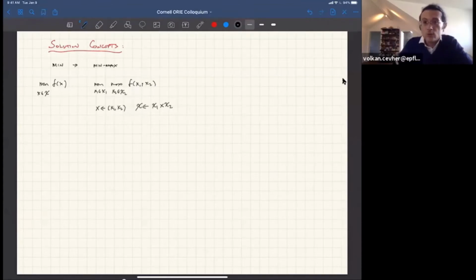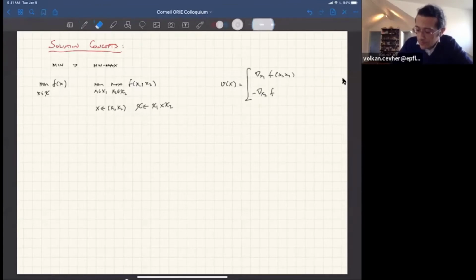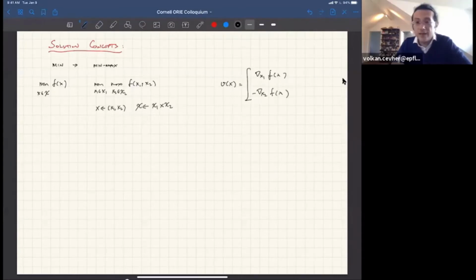Now, what I'm also going to do is define this gradient or vector field, which is the gradient with respect to x1 of f, and the gradient with respect to x2. Remember, x1 and x2 are now concatenated.